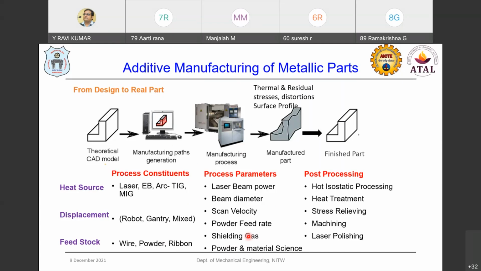That depends upon the cooling rate as well as the temperature gradient. Based on this, we reveal what kind of microstructure and what quality of parts we are able to manufacture with this process. These are all the major process parameters which relate to the quality of the parts fabricated by this metal AM process.